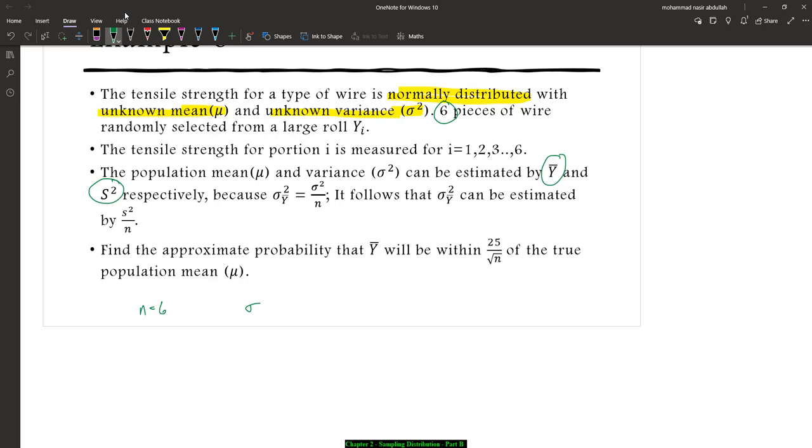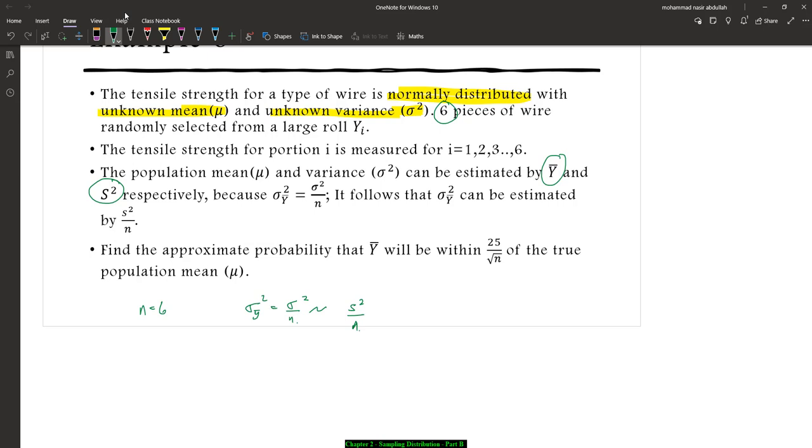It says here sigma y bar squared is equal to sigma squared over n. This is from the sampling distribution, so it can also be estimated by s square over n based on the sampling distribution.